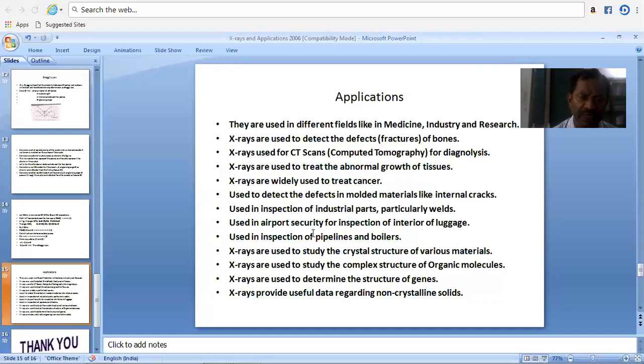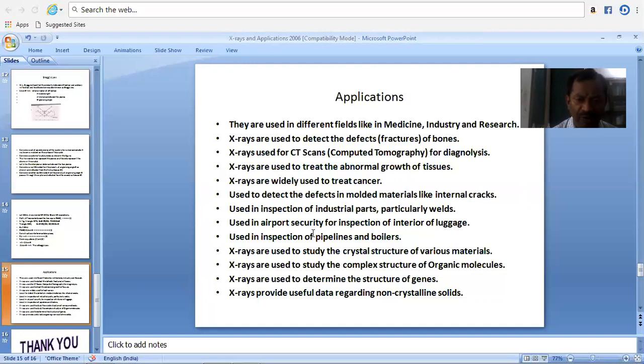X-rays are used in airport security for inspection of the interior of luggage. They are used in inspection of pipelines and boilers to identify leakages.